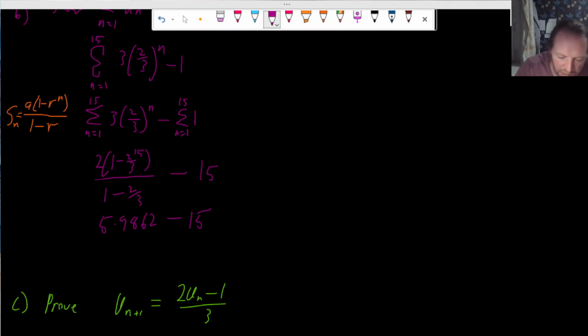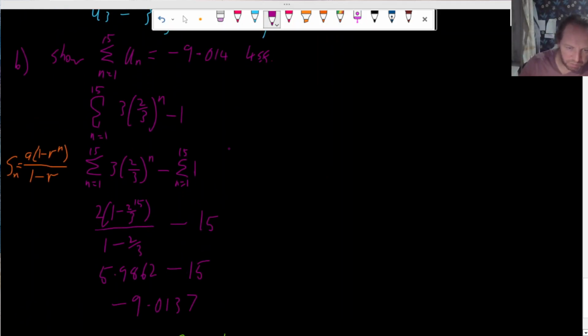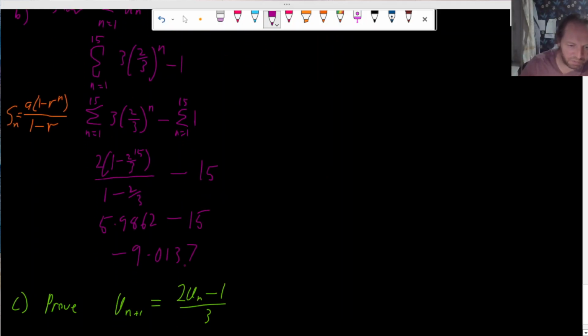Taking away the 15 gives me minus 9.0137. I think they had it to 4 significant figures, which would round up with the 3 to the 4. So minus 9.014 to 4 significant figures. Done. Okay, so yes, just a geometric series in there.